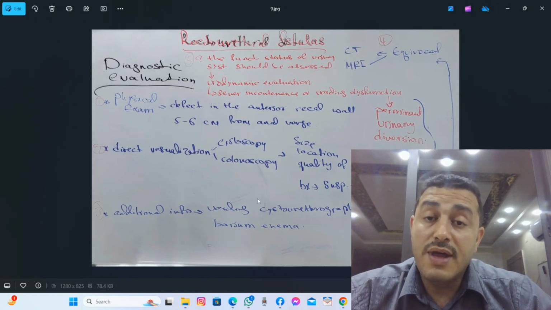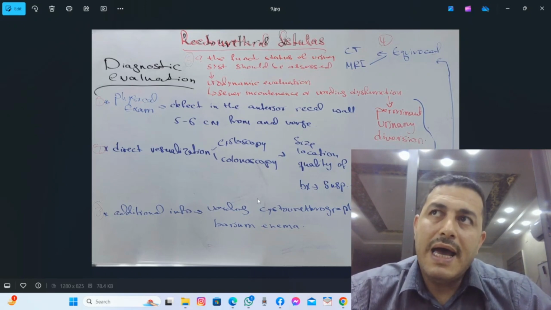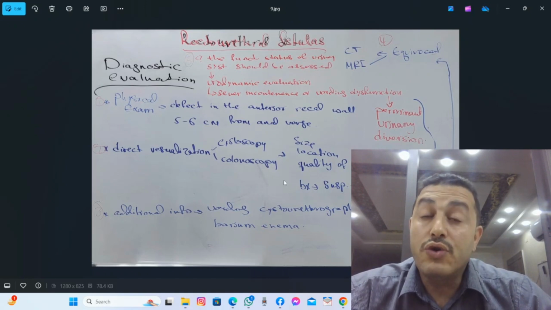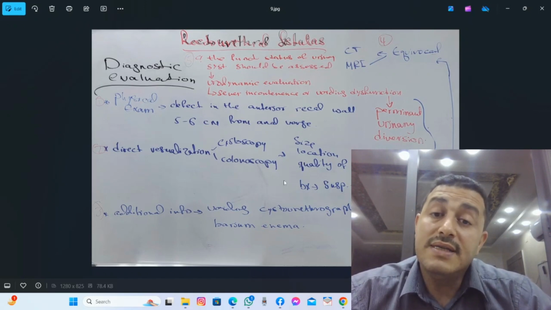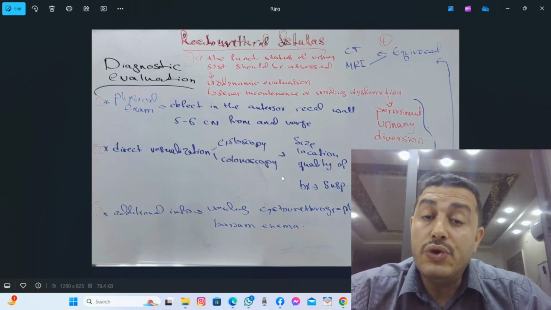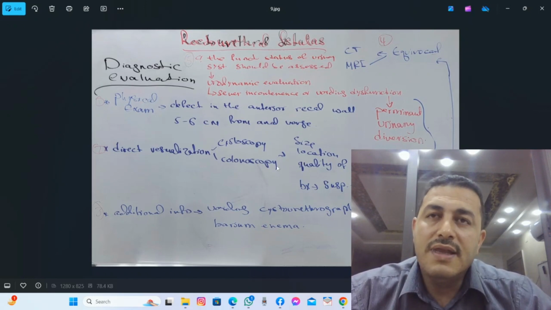We have to remember that if this patient with rectourethral fistula has severe urine incontinence or voiding dysfunction, this may highlight the need for permanent urinary diversion.